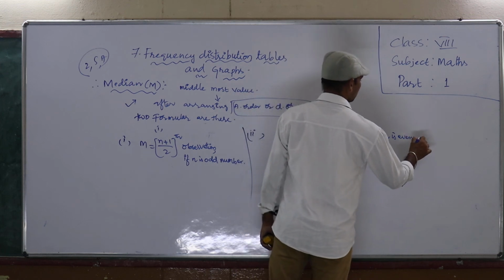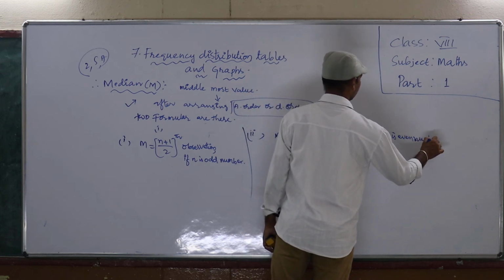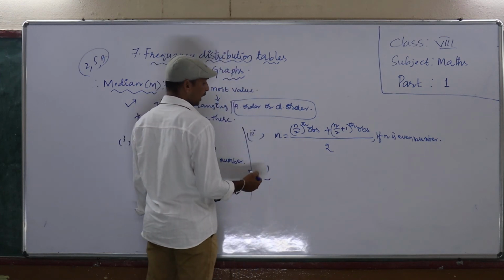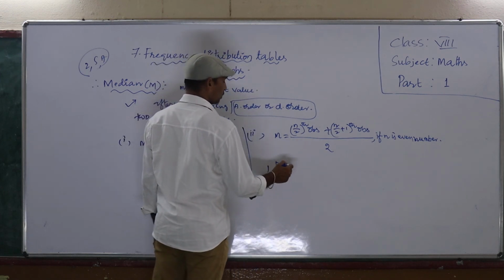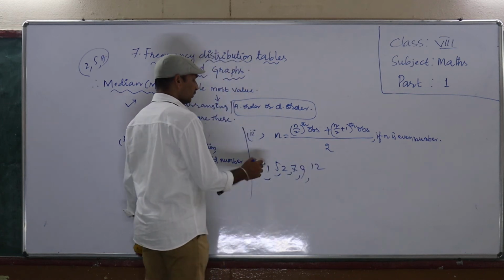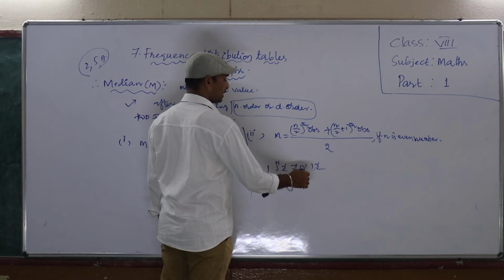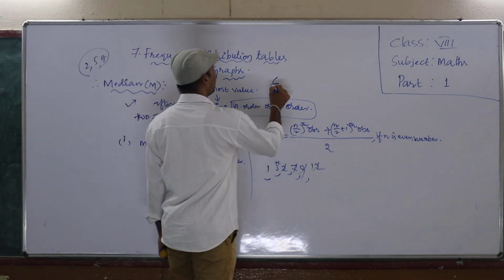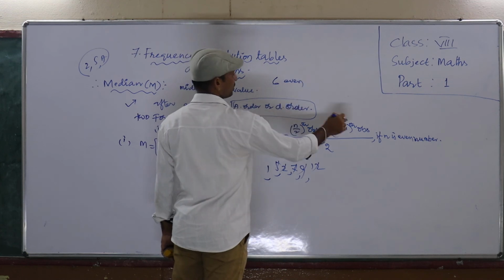Be very careful. For example, if they give 1, 5, 2, 7, 9, 12, there are 6 observations, and 6 is an even number, so we use this formula.